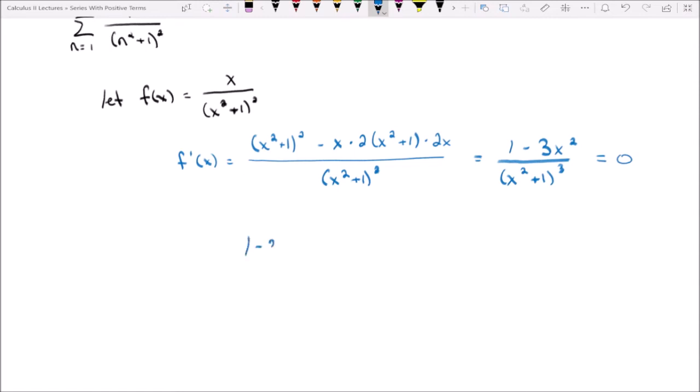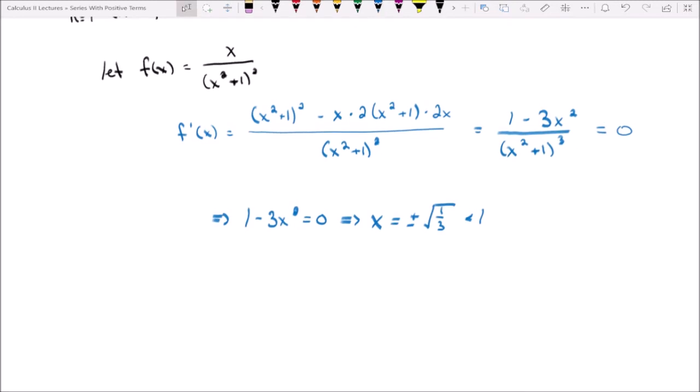So we get 1 minus 3x squared is 0, which implies that x is plus or minus root 1/3, which are both less than 1, right? Which means on 1 to infinity this interval is either going to be completely increasing, monotonic increasing, or monotonic decreasing.